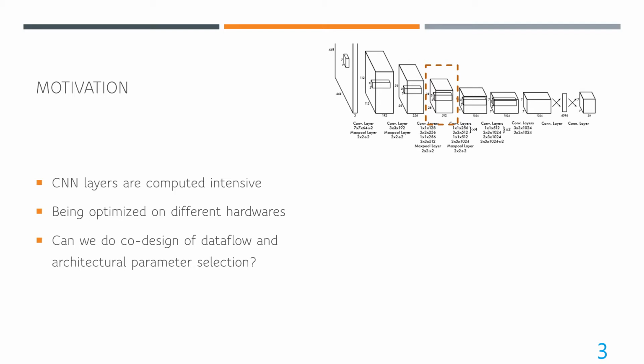Similar to optimizing a program on a fixed processor, we consider a more general problem of optimizing both the data flow and the architectural parameters for hardware accelerators within specified constraints such as chip area.